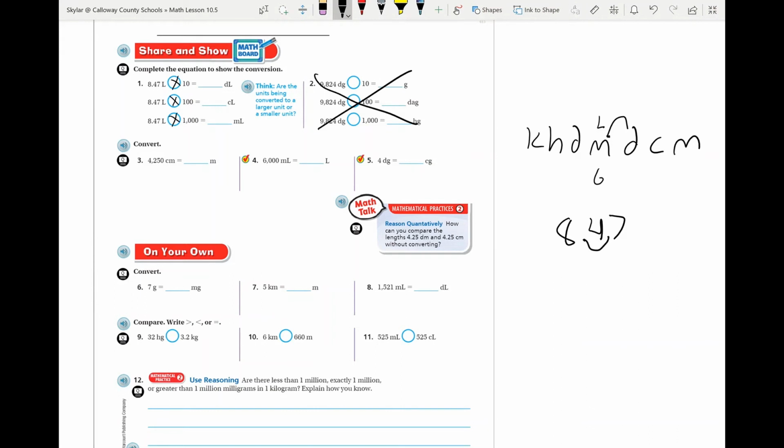Since we're going to the right, we're getting bigger. So you'll get 84.7. We move over 2 times to get to centi. So 847. And to get to milli, we move over one more time. So you throw a 0 there. So 8,470. We are just multiplying.